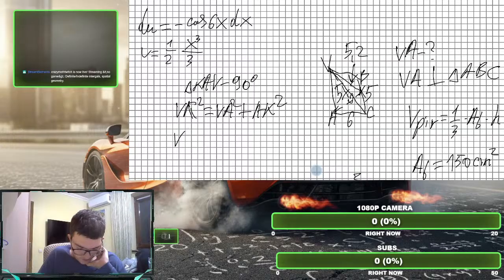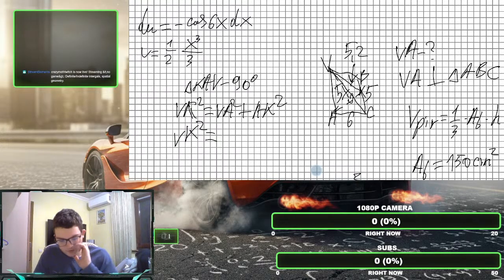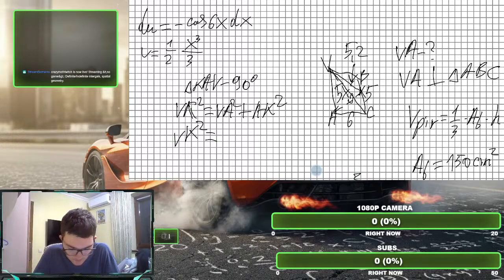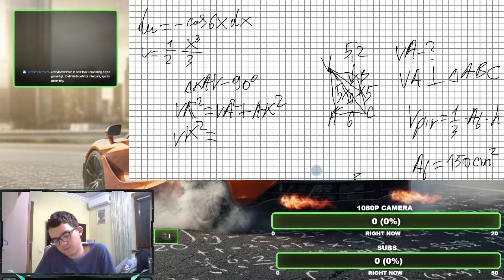So VK at the second power is equal with, hold up, VK at the second power, no bet. It's 52 divided by 10 at the second power. Oh man, it's complicated stuff. Maybe it's not this.